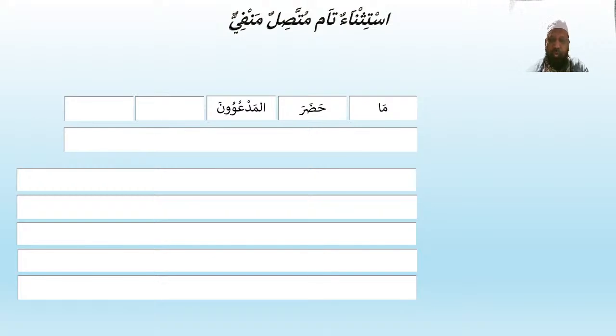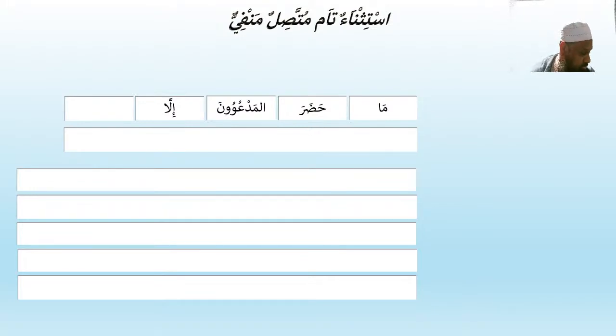So ما حضر المدعوون إلا. It is only going to be استثناء تام متصل if the مستثنى is part of المدعوون. If it's not part of المدعوون, then this is not متصل.